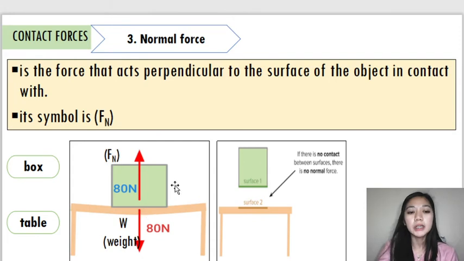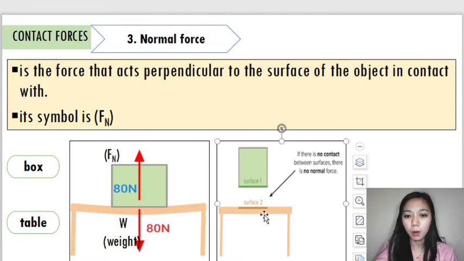Okay? Ito yung reason bakit yung mga objects na in contact with other objects ay hindi nagpa-pass through because of the counteract normal force. Now, if the box and the table has no contact, we could say that there is no normal force acting on the table towards the box.